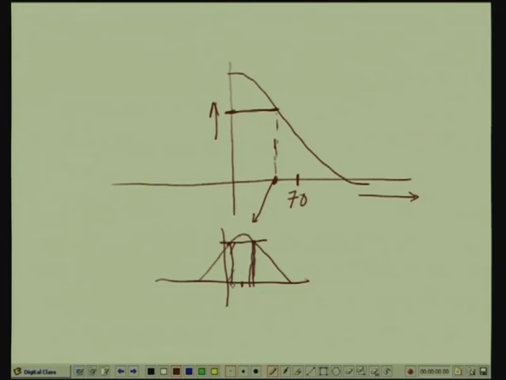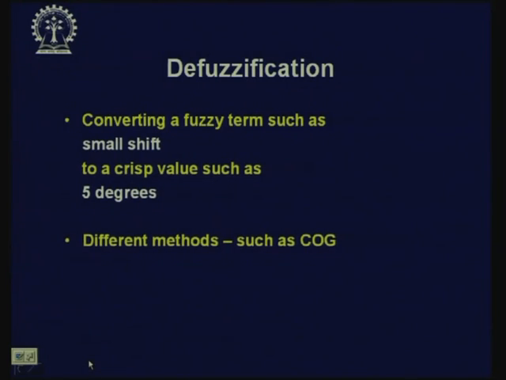That means, for each of these points I take their membership and I multiply them, this value with their membership, and then divide by these values. So, that I get the average of this. So, there are different methods like max, center of gravity method, etc.